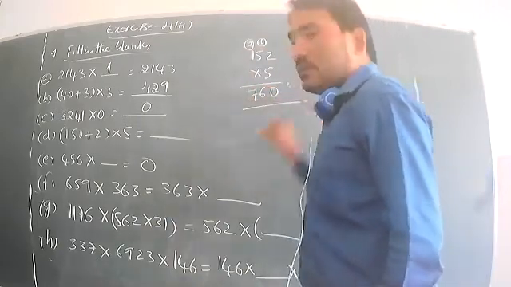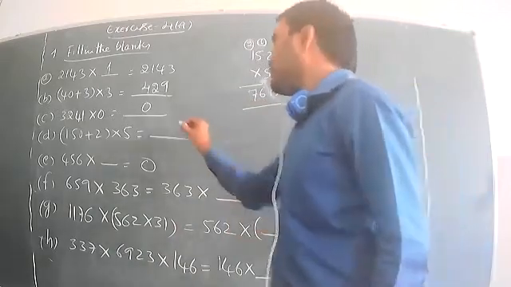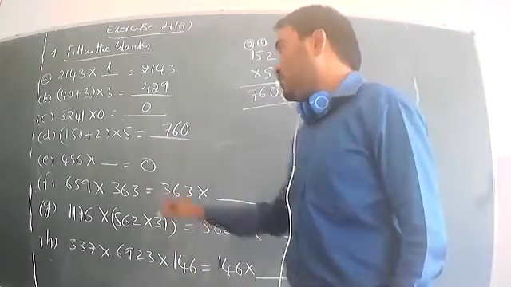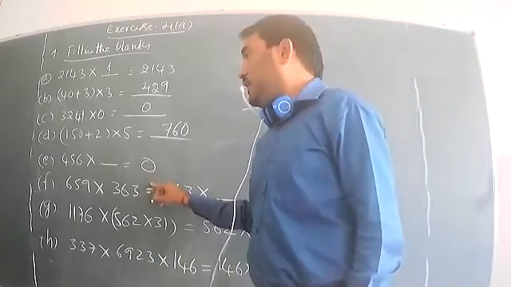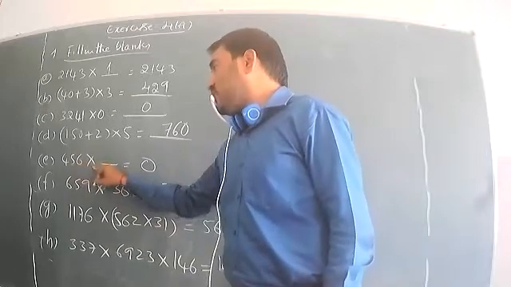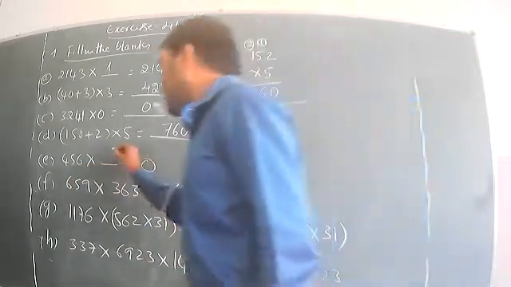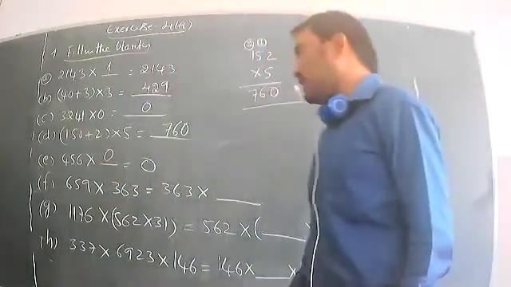So what is your answer? 760. Then, 456 into dash equals 0. How much do we multiply to get 0? We multiply by 0, so the answer is 0.